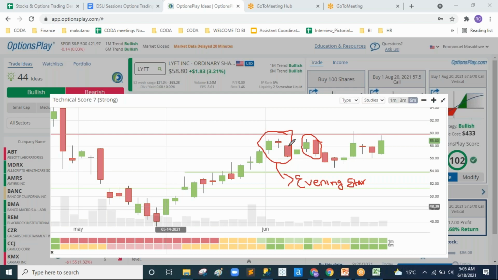Then another sign. So this is a sign that we are looking at going to the downside. Then there's also another, this one, which is the bearish engulfing.